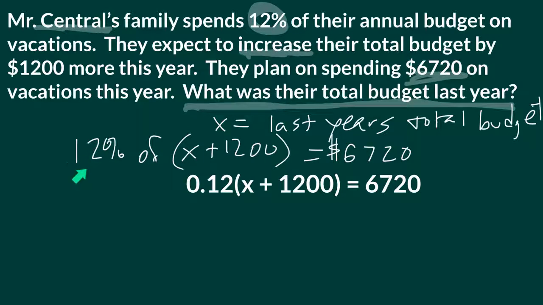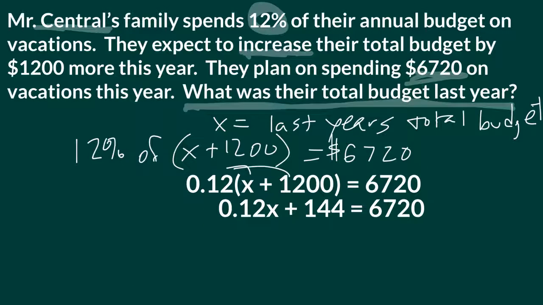You move the decimal over 1, 2, which gives you 0.12, times last year's budget plus 1,200, which would make it this year's budget, equals this year's vacation budget of $6,720. From there, you would distribute, multiply those together, and you would get this.